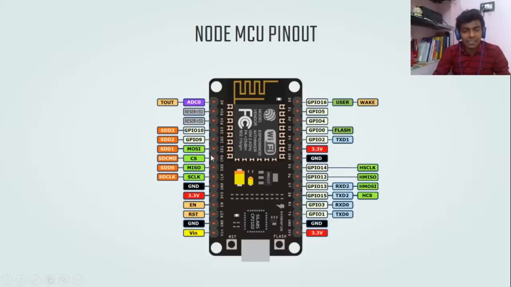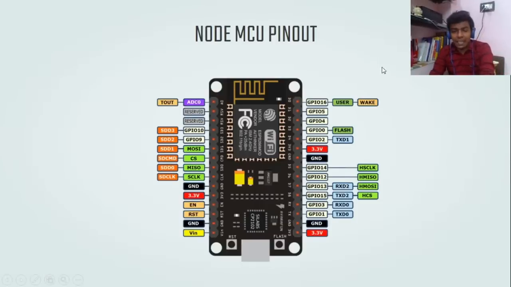It also has other protocol pins, such as UART for TX and RX, and SPI with 4 pins such as MISO, MOSI, chip select, as well as I2C pins. So every protocol's pins are present here, so you can interface any protocol-based modules or devices.